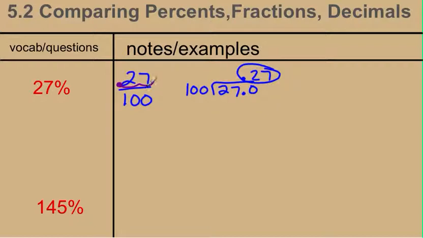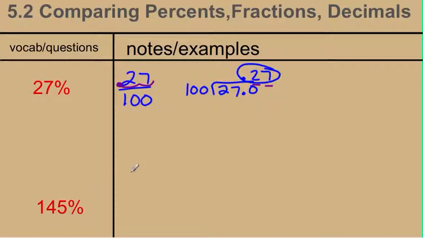It's like taking the shortcut and moving the decimal to the left twice. Because I'm dividing it by 100, this number is going to get smaller. I move it twice because of the 2 zeros, and it's that many place values. We're going to the hundredths place value.